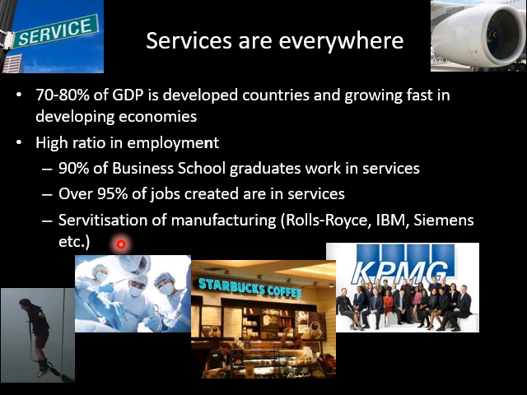And quite interestingly, as we saw with the pandemic, the interactions between customer and provider that were face to face changed, the service was changed, and some businesses were closed. So services are everywhere.